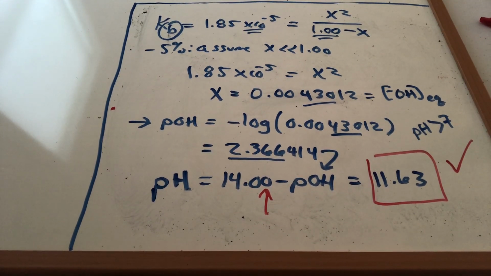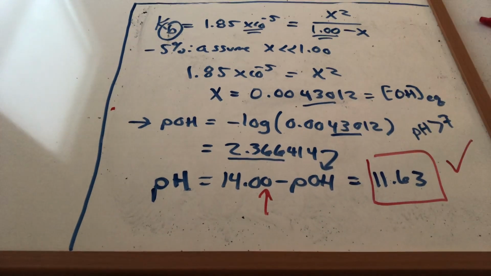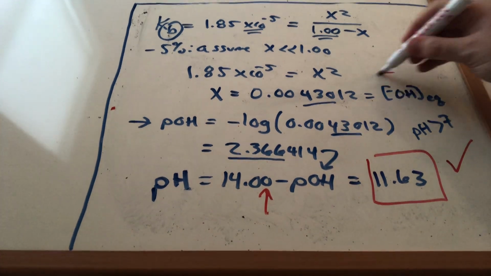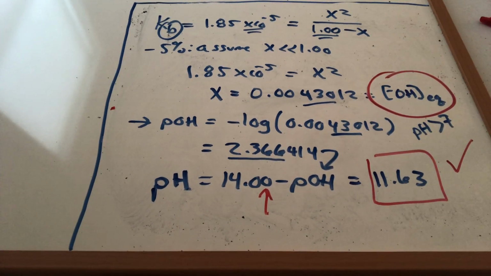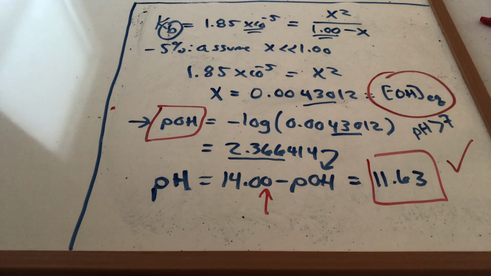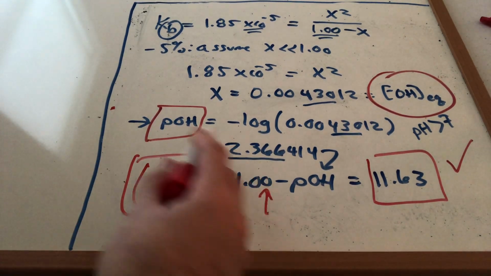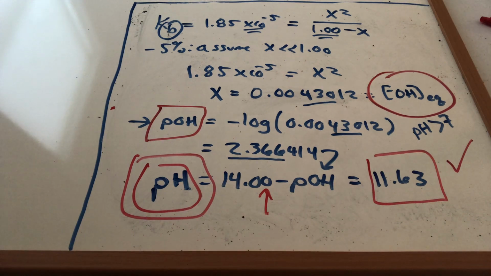So just to review here, we set up our Kb expression. We realize that our X doesn't give us H3O plus information directly. Our X gives us OH minus concentration. If the problem was calculate the pOH, you would stop here. But the problem asked for the pH. And so we have to remember how pOH and pH relate to each other.